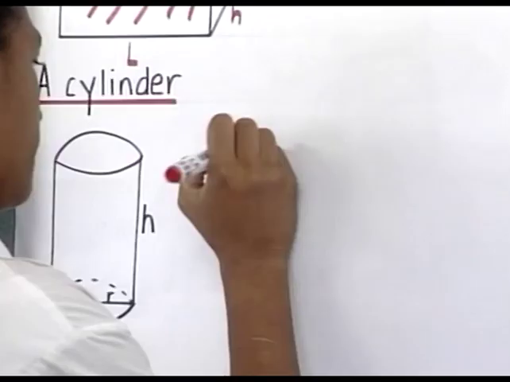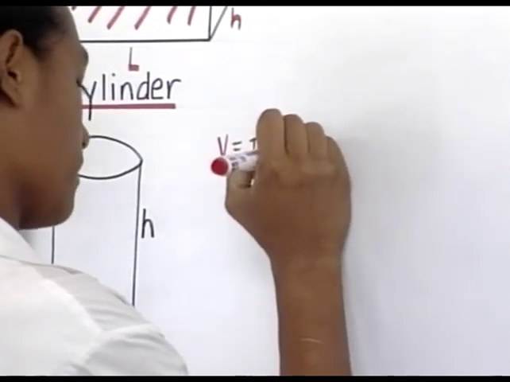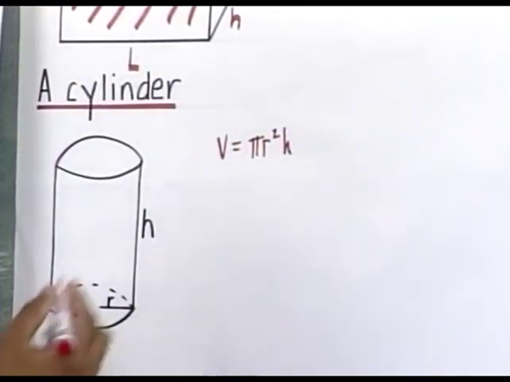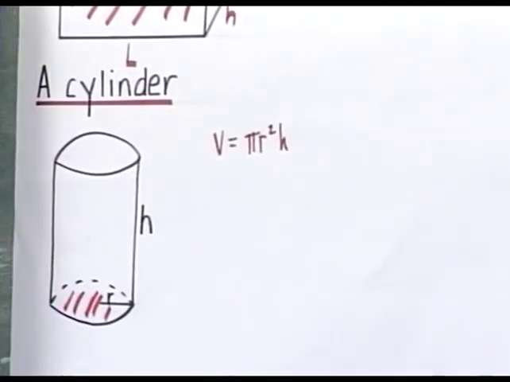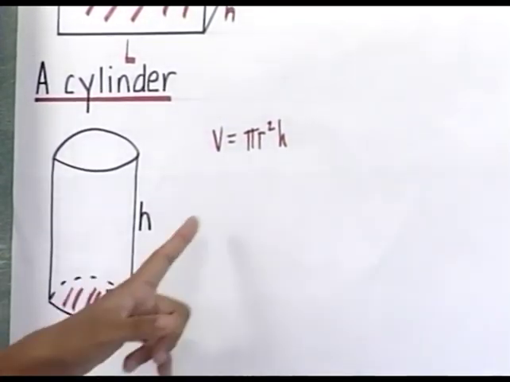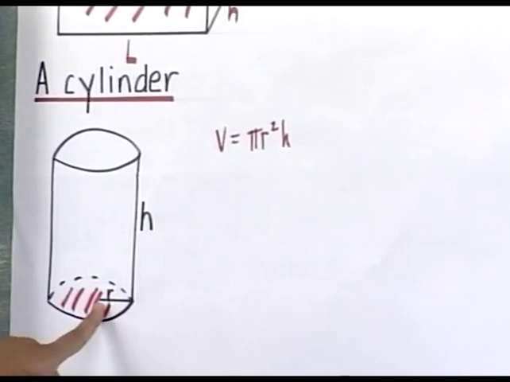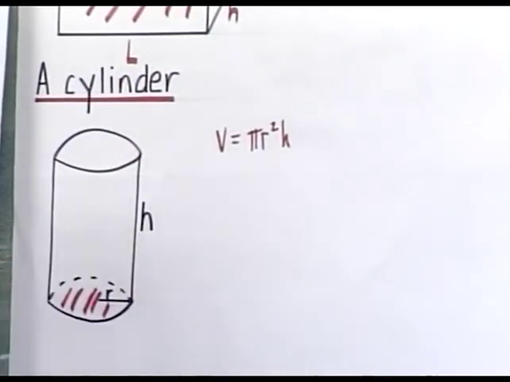No, it's okay, but usually I label. To get the volume of a cylinder, you multiply the area of the circle by the height.